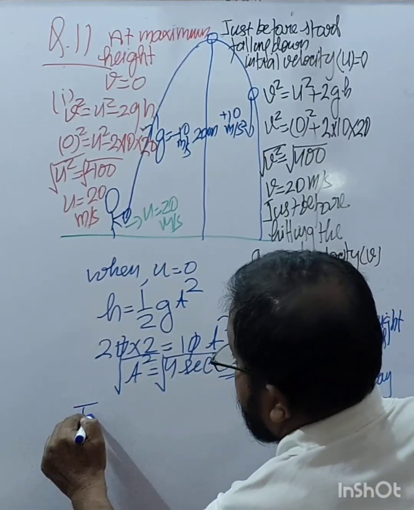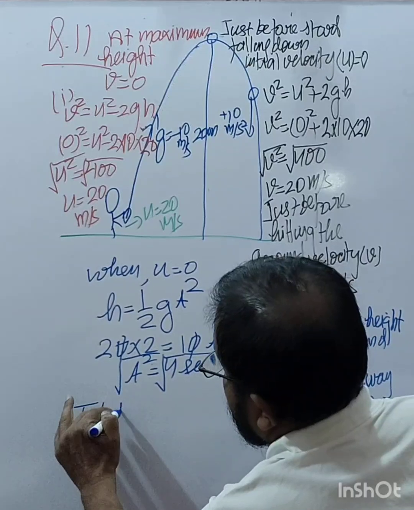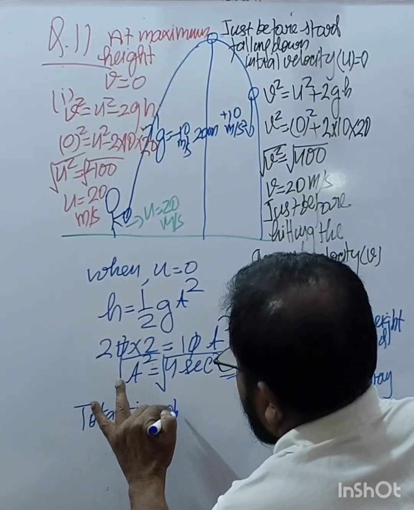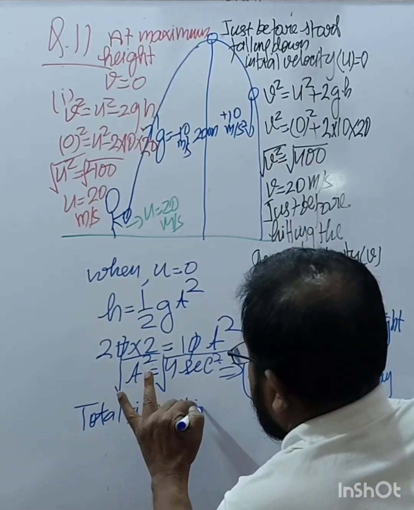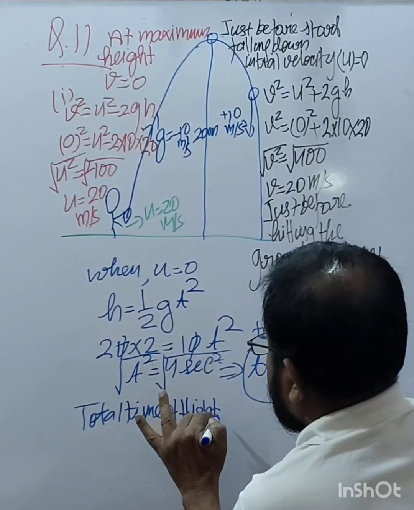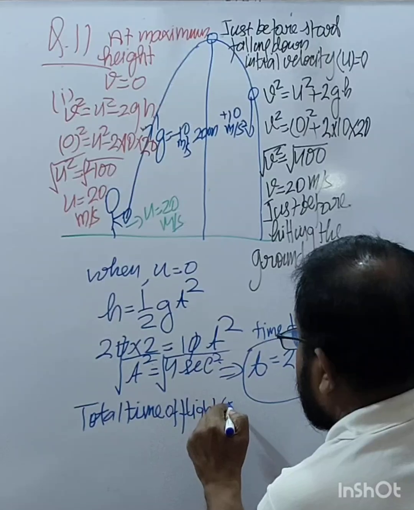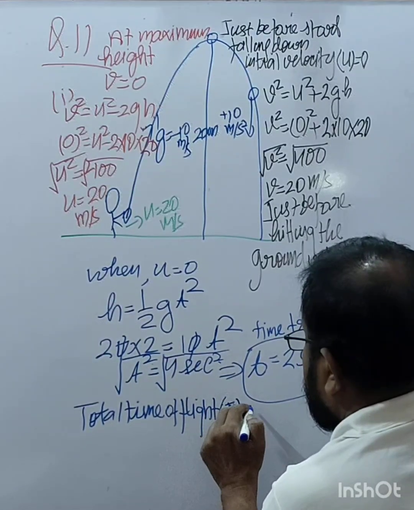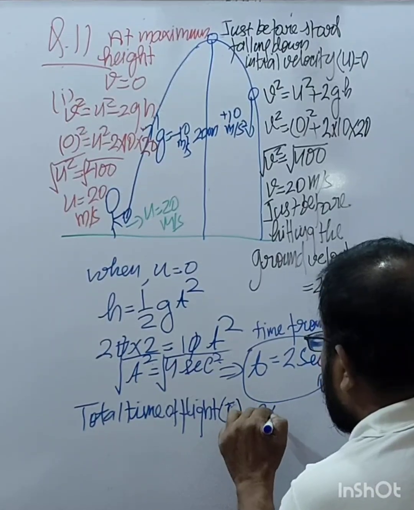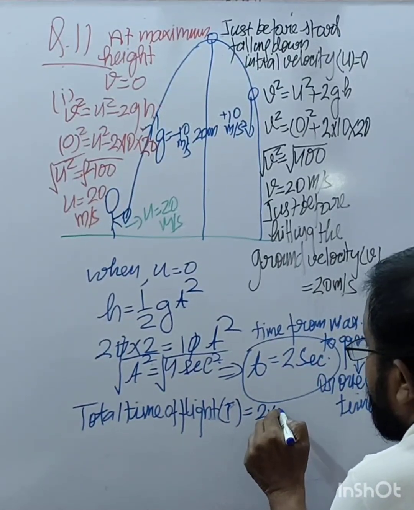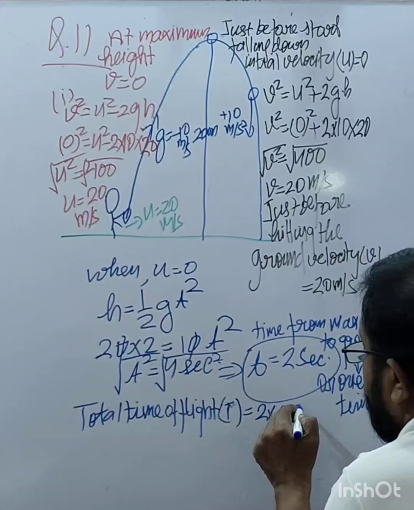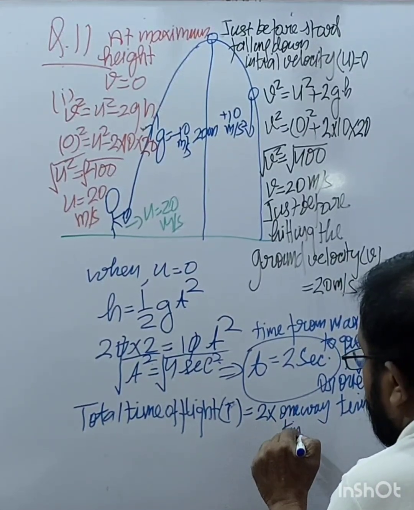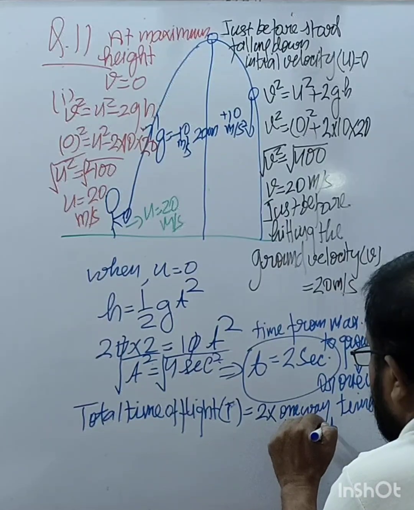Total time of flight, that is capital T, is equal to 2 into one way time, that is small t.